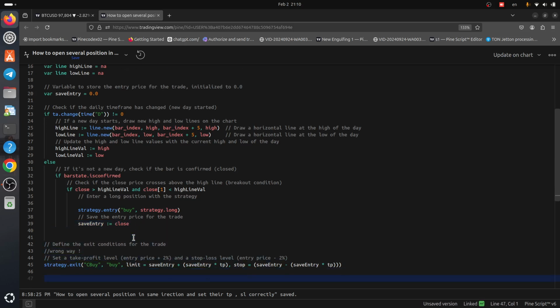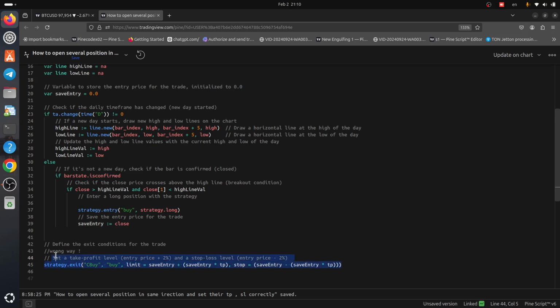So our wrong way is we just write a strategy exit from buy, set an ID, and we say save entry plus save entry multiplied by TP. If you don't know why I wrote this, please watch one of my videos. I tagged it in the video because you need to know how we can set TP and stop loss based on percentage in Pine Script.